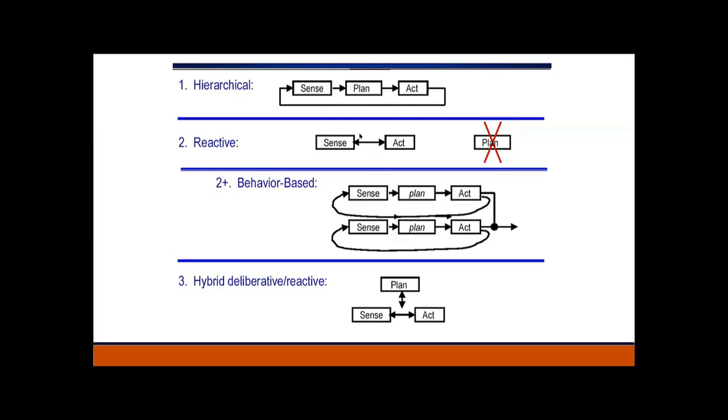Reactive is usually simpler. That means you may have a radar and a missile coming to attack. You sense it, you shoot right away. You don't wait for the computer to find the best target or prioritize the importance of the target.